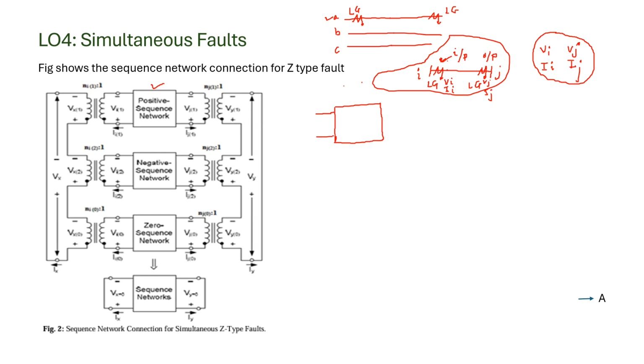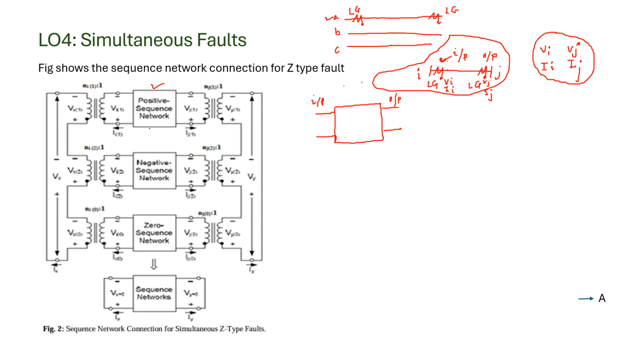So this is your input port where one LG fault has taken place, and this is the output port where another LG fault has taken place. For this network you have to have three sequence networks: positive, negative, and zero.